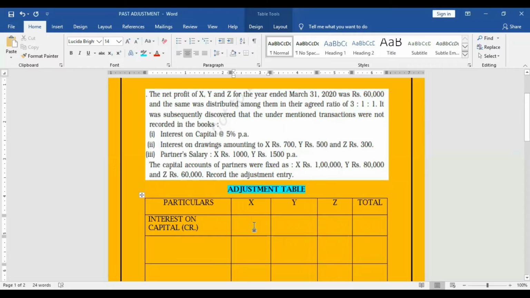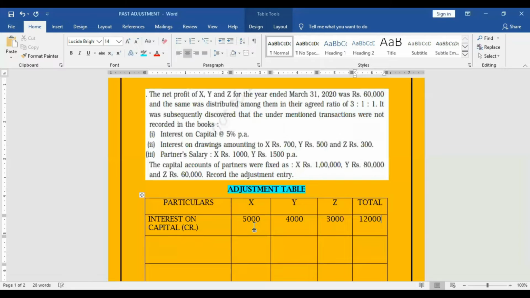So for 1 lakh at 5%, it is a simple mental calculation, 5,000. For 80,000 at 5%, it will be 4,000. For 60,000, it will be 3,000. For the three partners put together, 5, 4, 3, the total is 12,000.